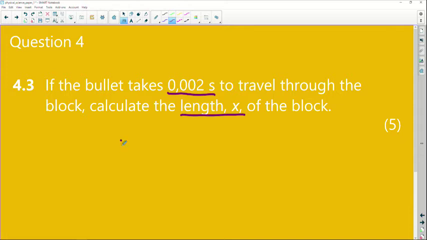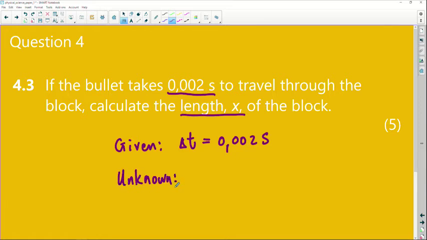So let's write that down as an additional piece of information that we are given. It takes 0.002 seconds for the bullet to move through the block, and in this case they want us now to calculate the length of the block.